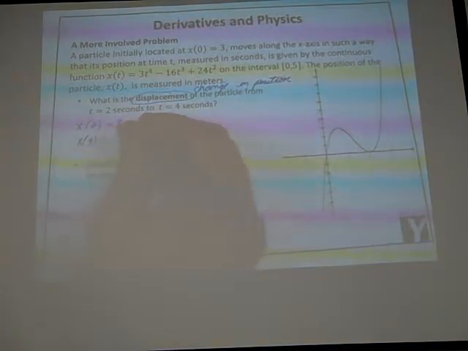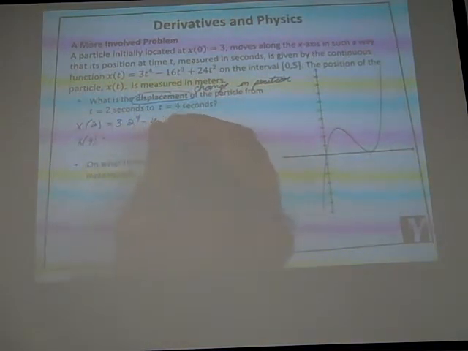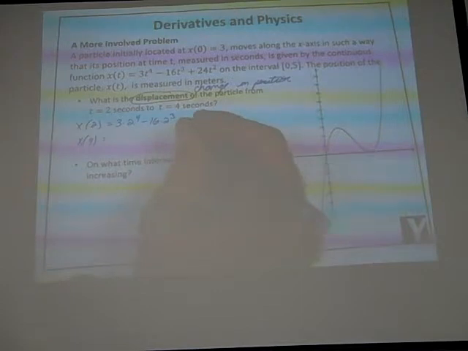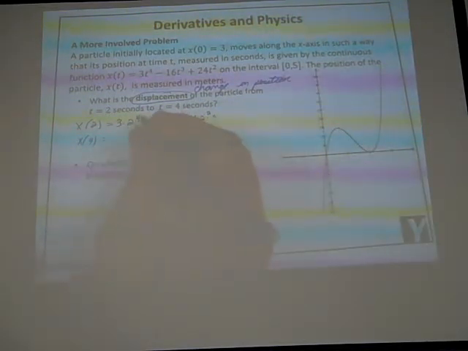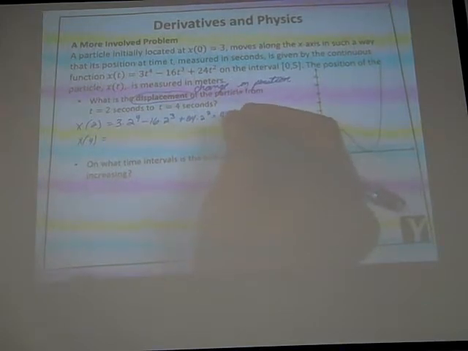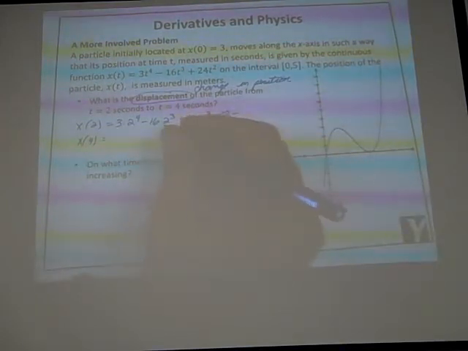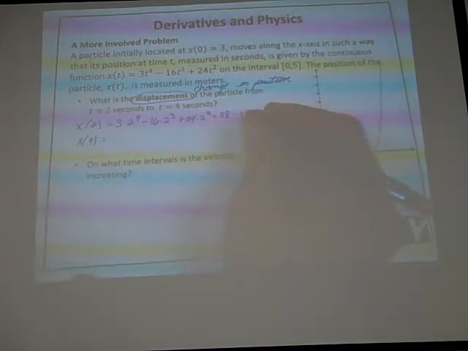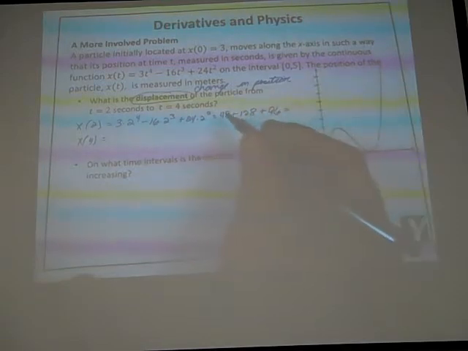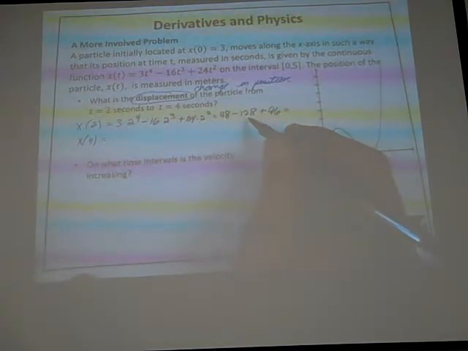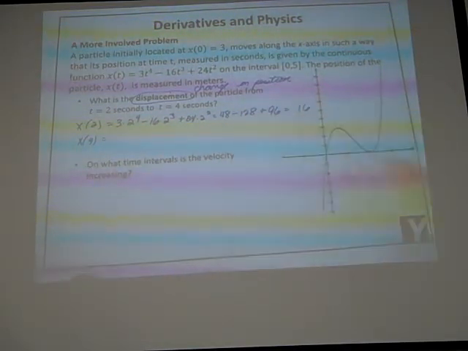So, 3 times 2 to the 4th minus 16 times 2 cubed plus 24 times 2 squared. 2 to the 4th is 16 times 3, 48. 2 cubed is 8 times 16, minus 128, plus 2 squared is 4 times 24, 96. 48 minus 128 is negative 80, plus 96 is 16.